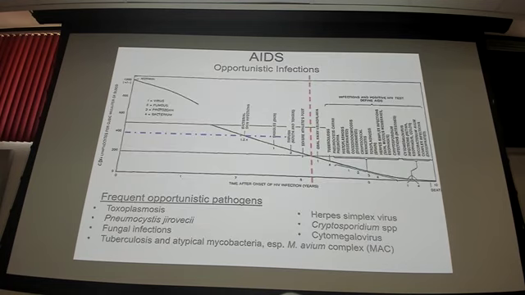So looking at opportunistic infections and what this means in the lens of your CD4 counts. If you start with a CD4 count of around 1,000 T cells per microliter, and over time you start looking at what happens when those drop down to the clinical definition of AIDS, around 200 here. Some of the first infections that you become susceptible to occur when your cell counts are still well above that 200 cells per microliter threshold.